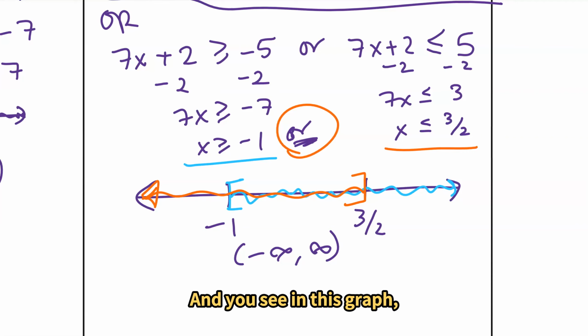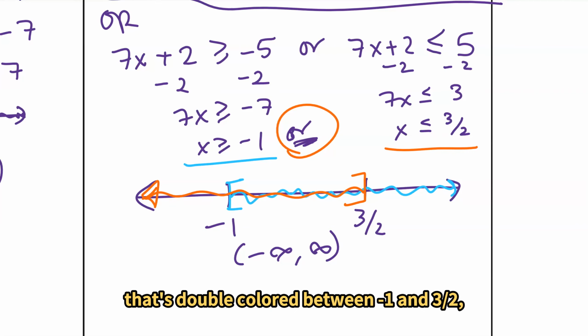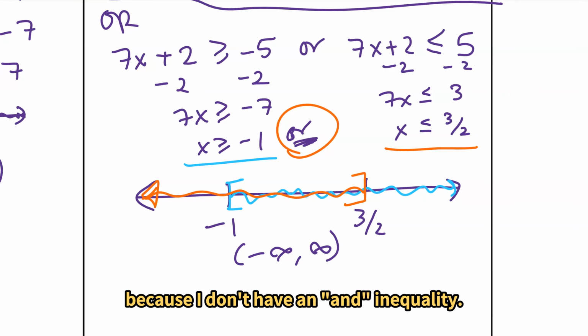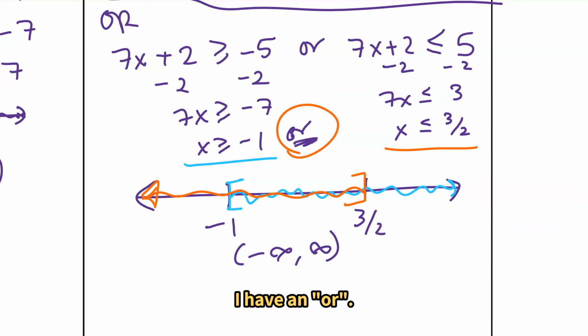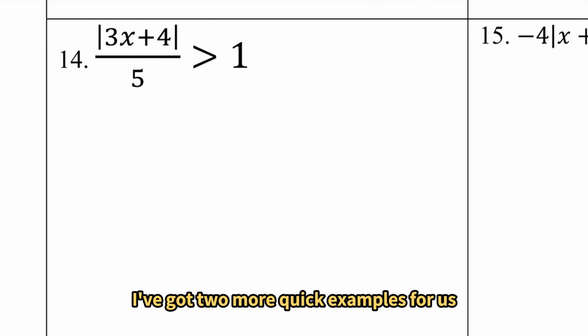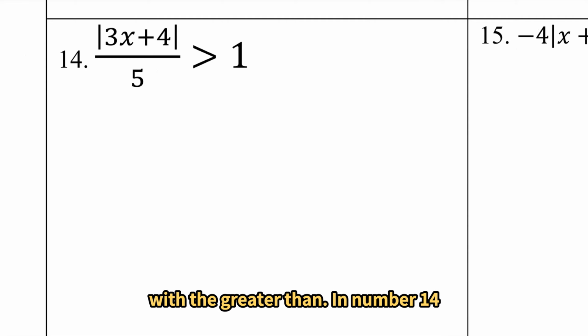And you see in this graph, we have a chunk that's double colored between negative 1 and 3/2. But I don't want to just take that because I don't have an AND inequality. I have an OR. So again, pay attention to those details. I know it can be tough. Mathematics is very precise.